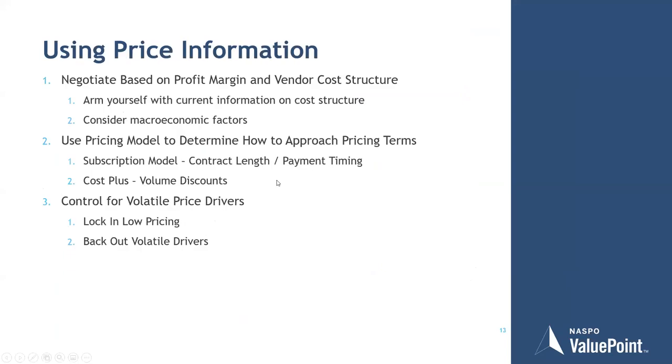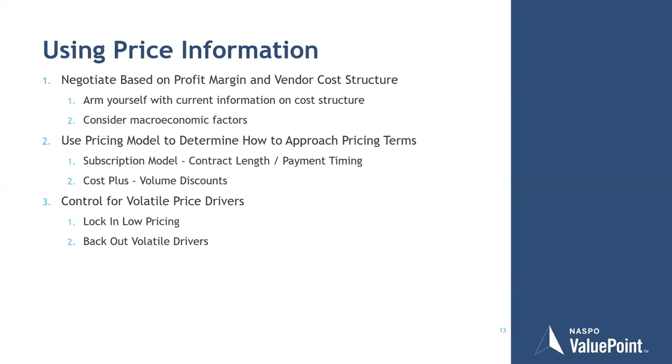different situations. So, looking at that profit margin, you want to arm yourself with current information on the cost structure. So looking at that procurement IQ report, seeing what that vendor cost structure looks like, thinking about those macroeconomic factors like steel prices, like tariffs and things that could influence those raw material costs. But you also want to look at that pricing model.